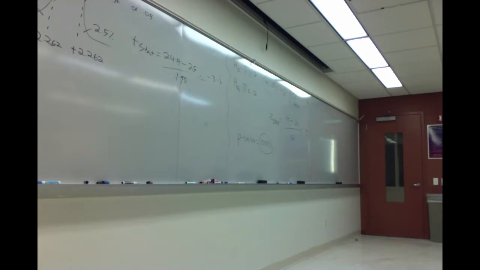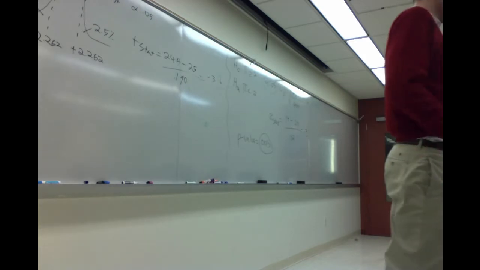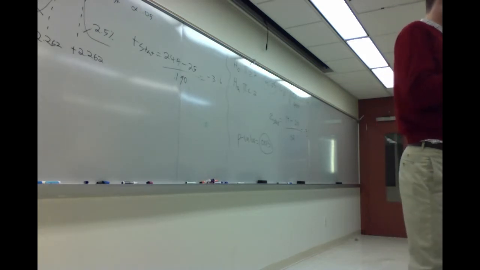Let's see. So, that standard deviation of the sampling distribution of the sample mean differences, let's be sure we're comfortable with that. And once we're comfortable with that, we should be able to breeze through the rest of this problem. So where's that coming from?